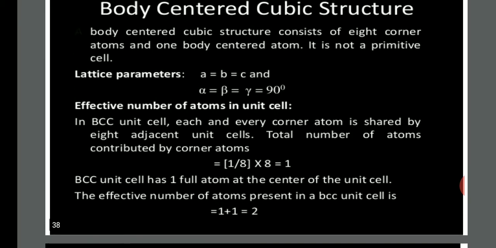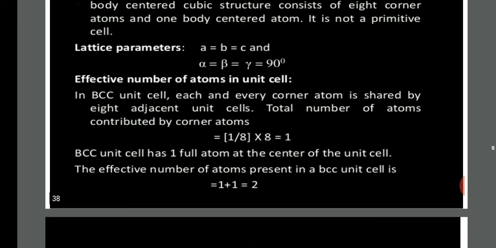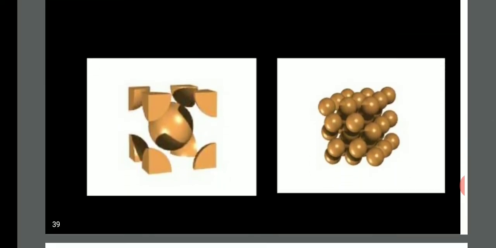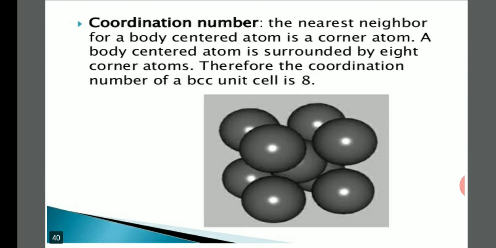So the effective number of atoms present in a BCC unit cell is 1 plus 1 equals 2. Now coordination number: the nearest neighbors for a body center atom are the corner atoms. The body center atom is surrounded by 8 corner atoms. Therefore the coordination number of BCC unit cell is 8.